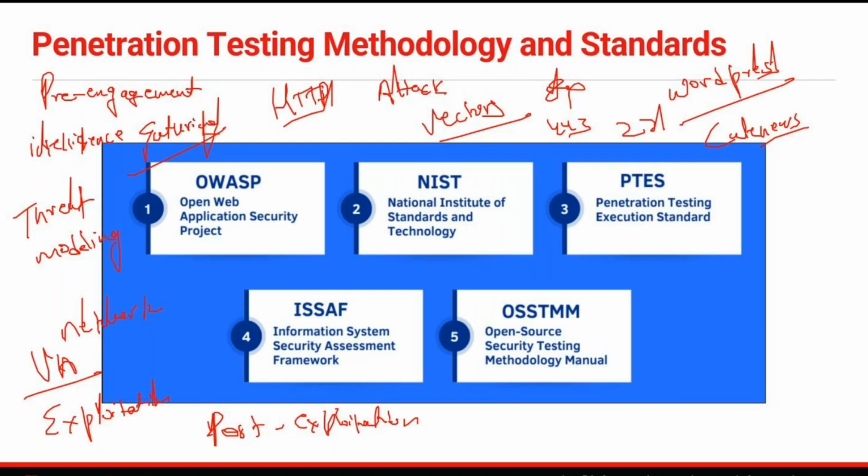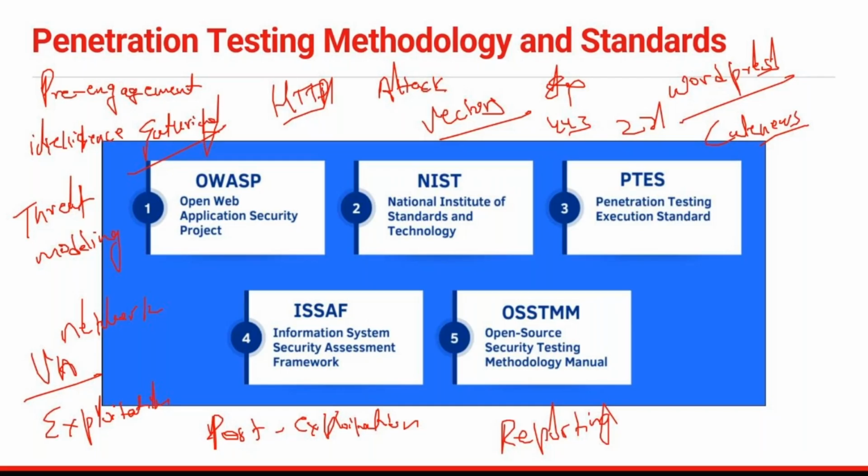And then once you have done that, everything which you have found, including the remediation, you will put in a report and submit the report to the organization, right? Whatever findings you have, you will document all the findings and submit it.